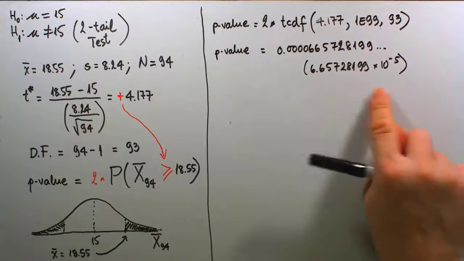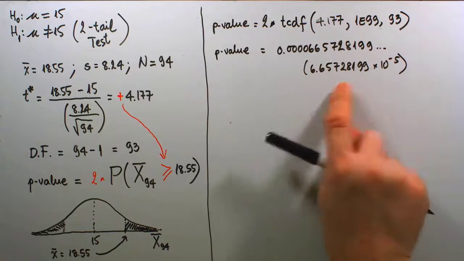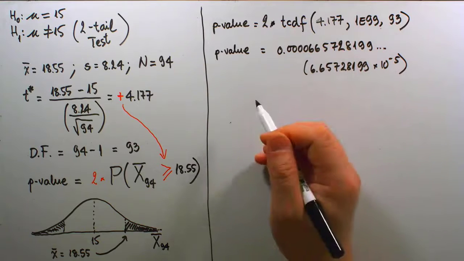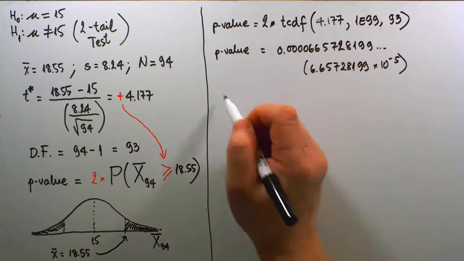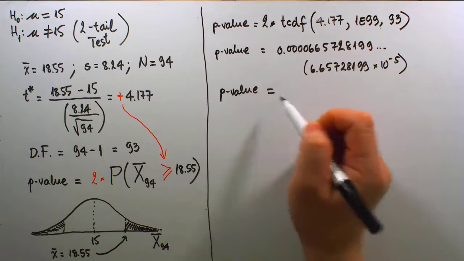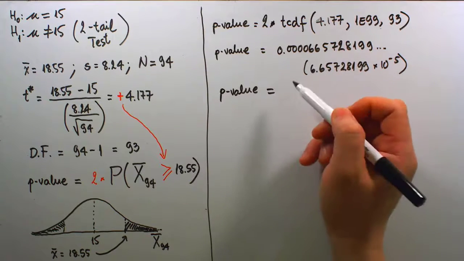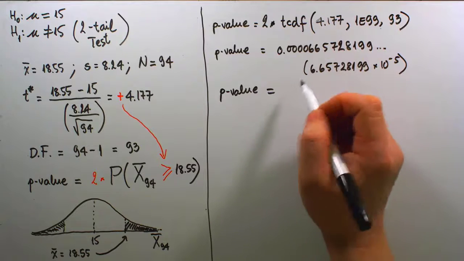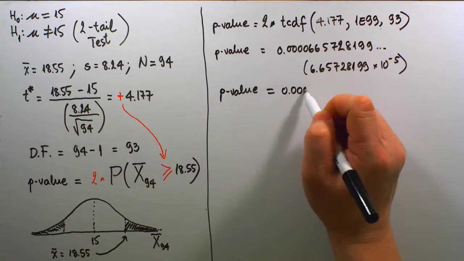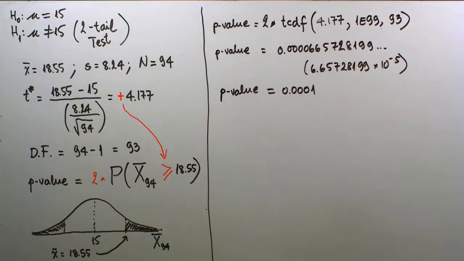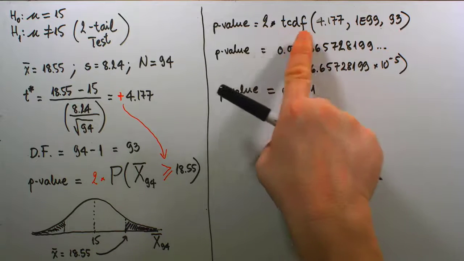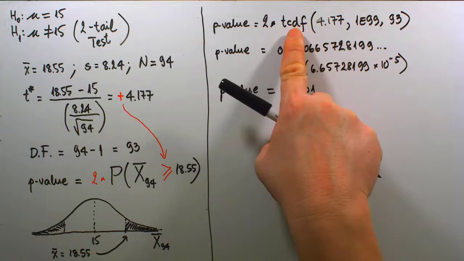That's what the calculator was expressing, but we understand that as this lengthy decimal right here. And so, as usual, I am going to round this final p-value to 4 decimal places, unless specified otherwise. And so here it is, our final p-value is 0.0001. So this final p-value is after we double the result which came out from our tcdf program.